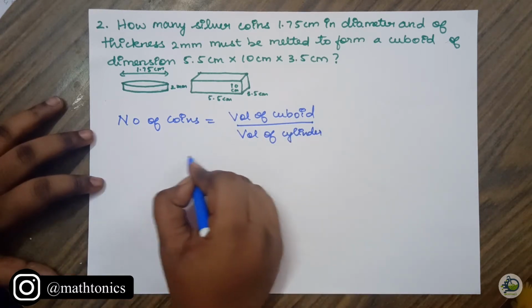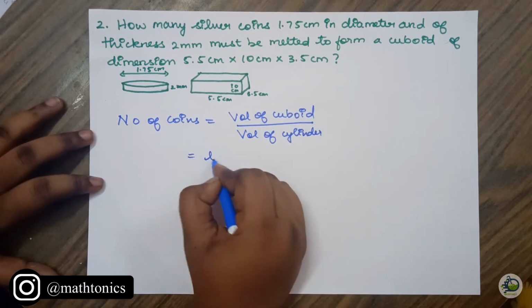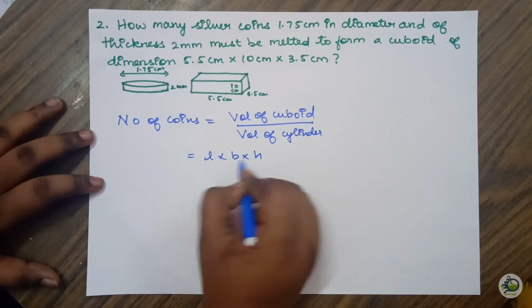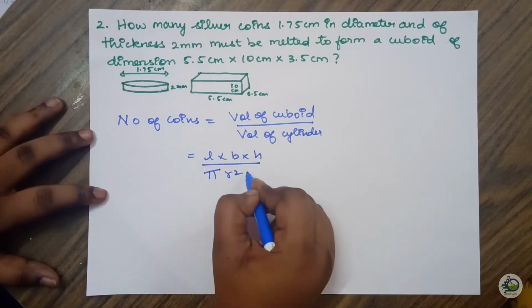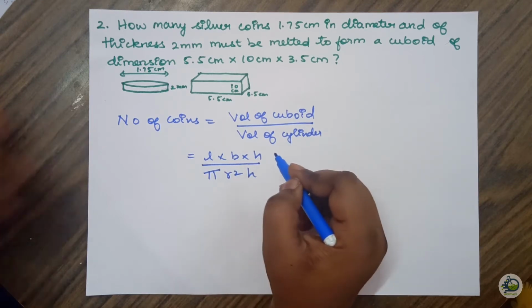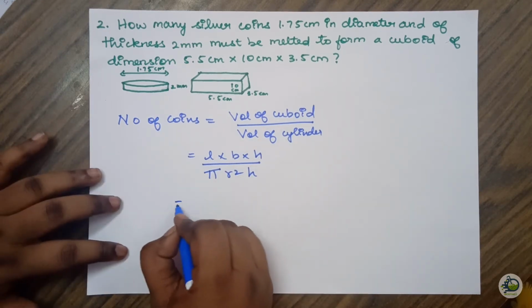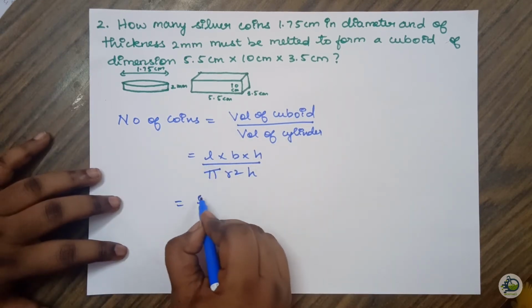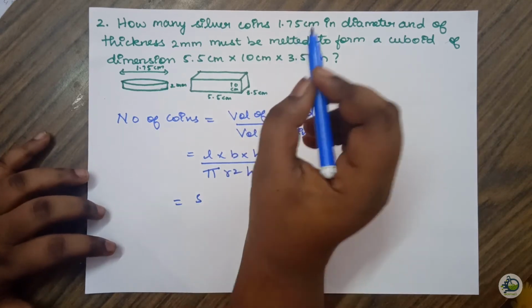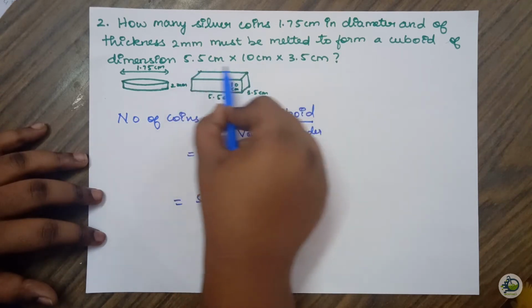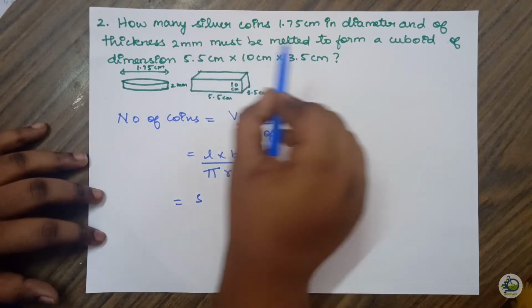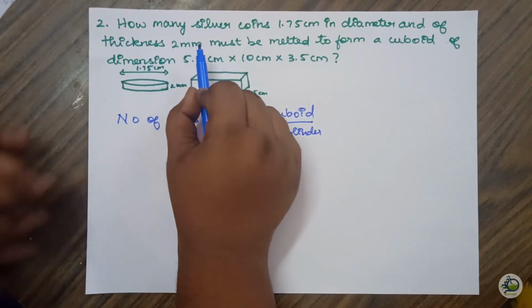So we know that the volume of cuboid is L into B into H and the volume of cylinder is pi r square H. So we are going to substitute it here. The length is 5.5, but here we have to note that these dimensions are given in centimeter and the thickness is given in millimeter.